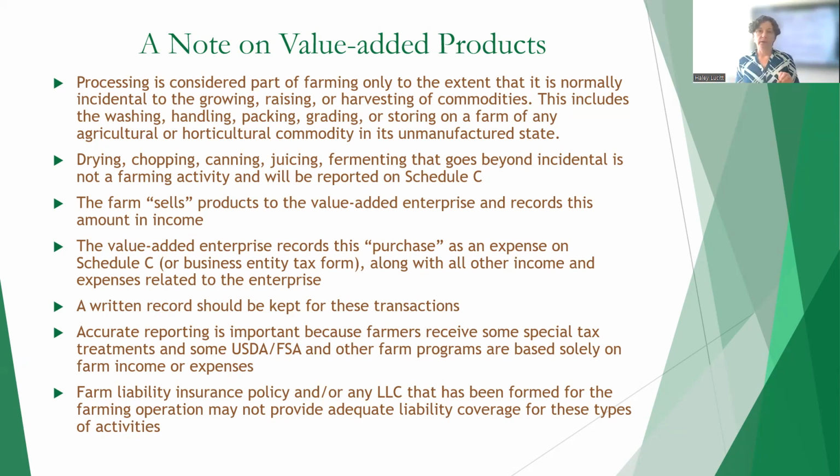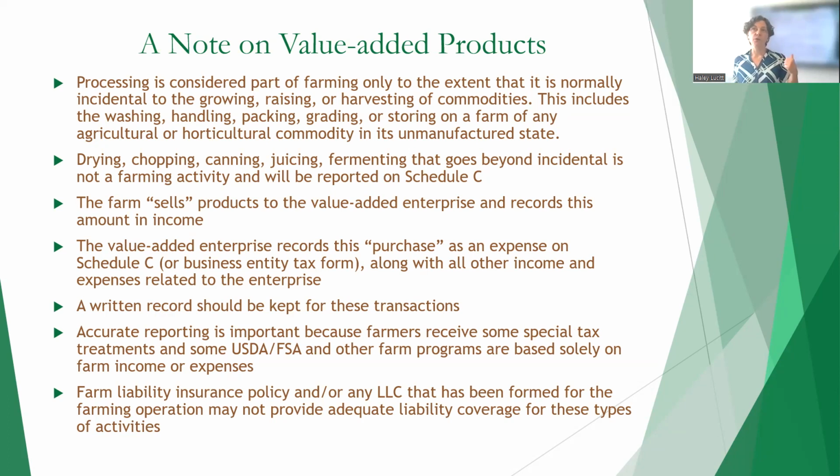And the reason for this is some of the larger farming operations have gotten into value-added products, and the USDA programs and the amount of money they get for some of those programs is based on their total farm income.